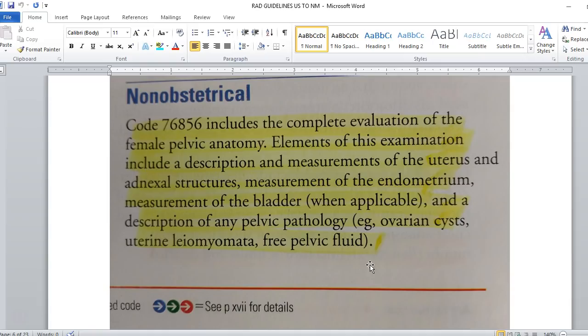So again, we're looking at the muscle layers of the actual uterus itself. We're looking at the adnexal structures. Okay, that's going to be the ovaries and fallopian tubes. We can look at the bladder, and we can also, again, talk about what else might be going on in the pelvic area.